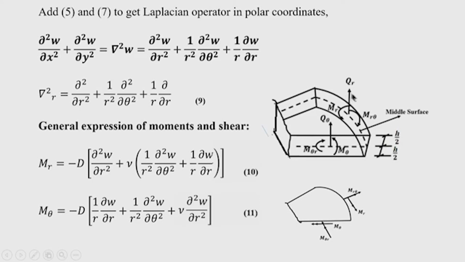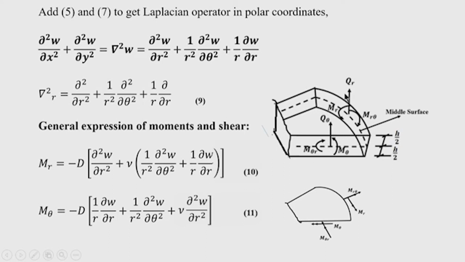So, the stress resultants we consider in a circular plate, or in the polar coordinate system, are M r, the radial moment, M theta, the circumferential moment, and M r theta, the twisting moment.